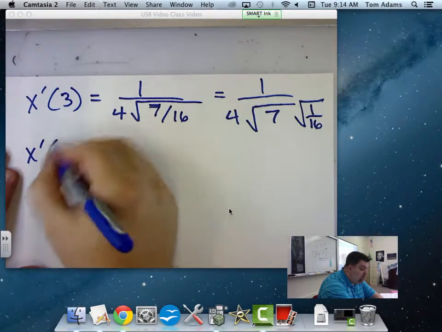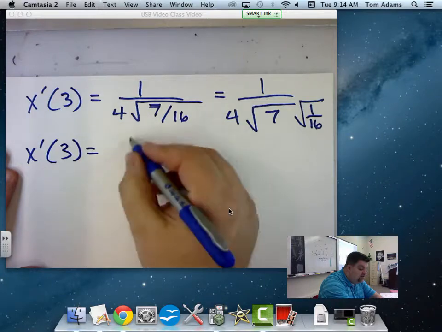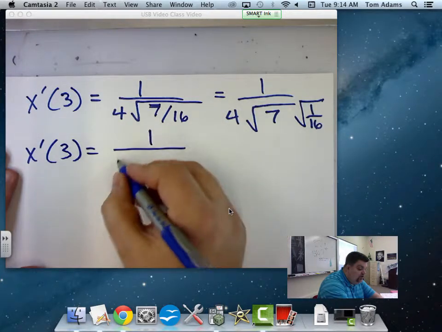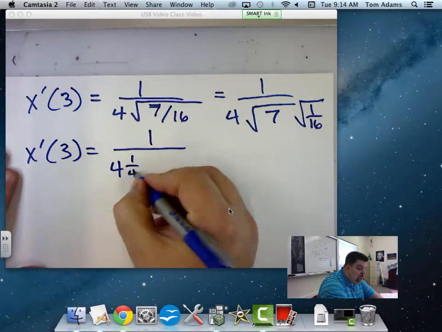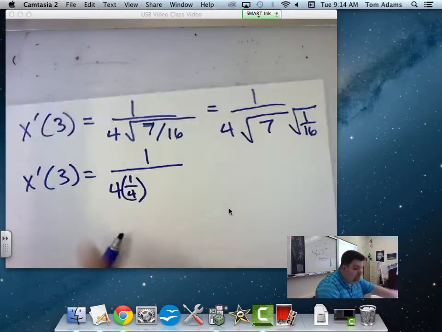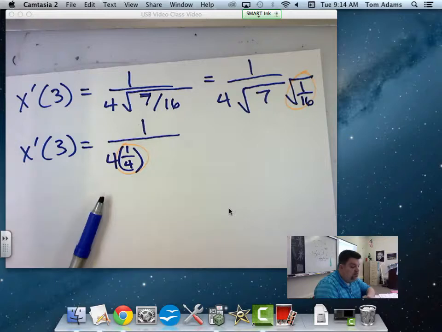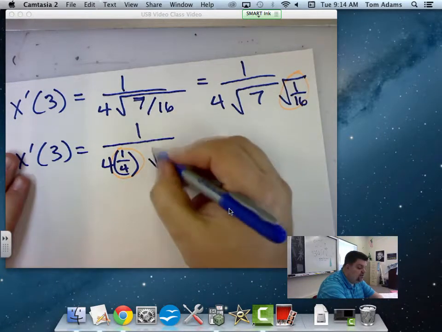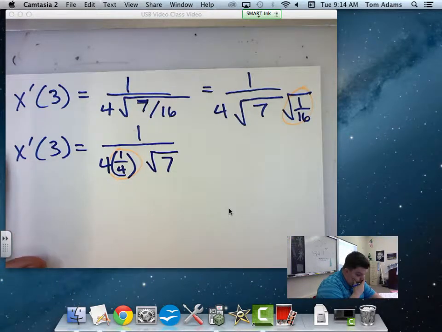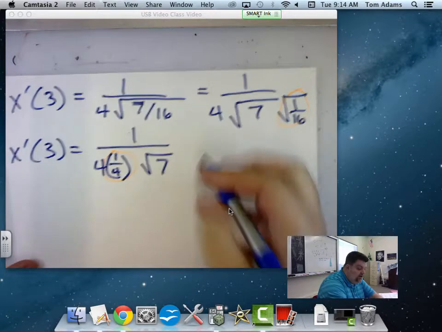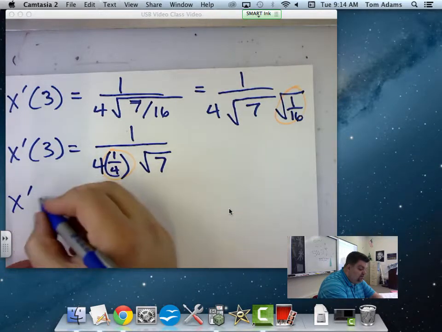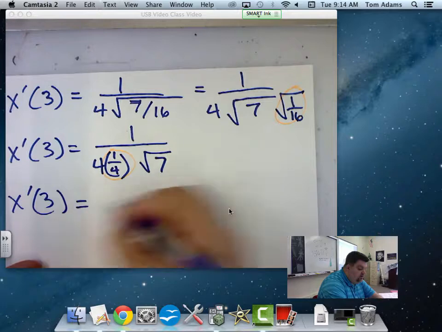So I have, and I'm writing out each step so you guys can see, 1 over 4 times 1/4, because that comes from this. The square root of this is this, times the square root of 7.